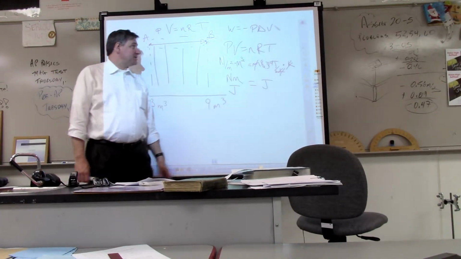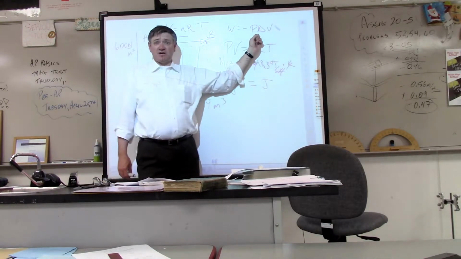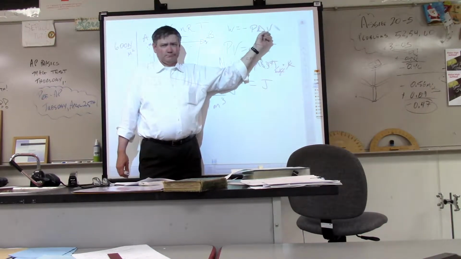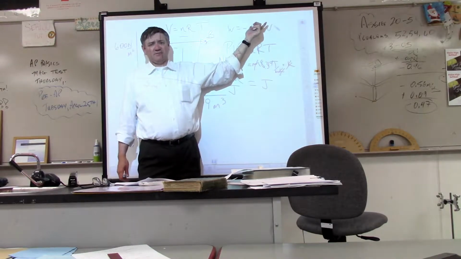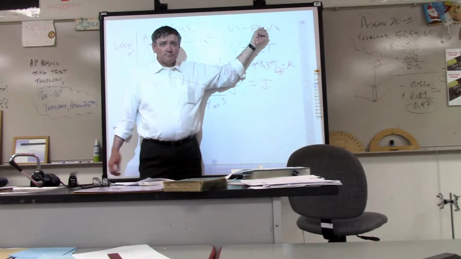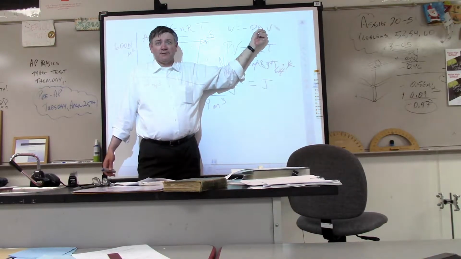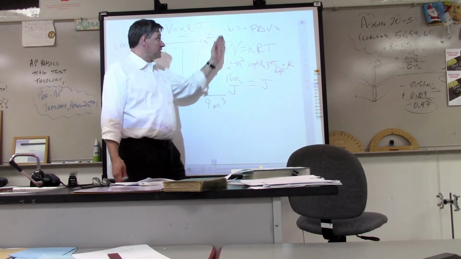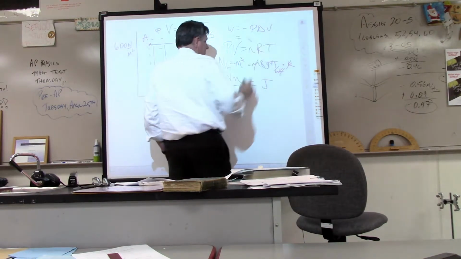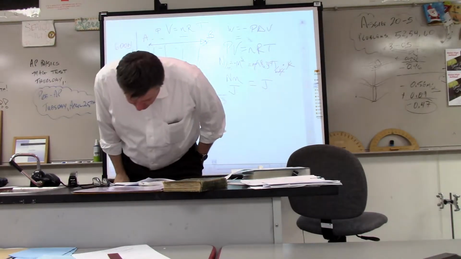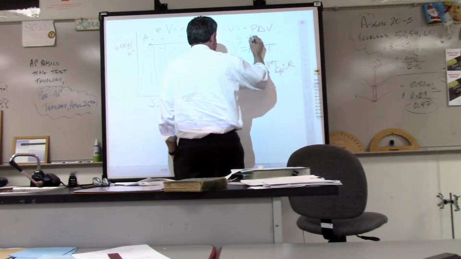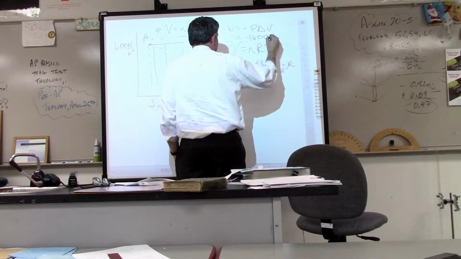Because if my pressure is changing and I have a constant volume, then there's no work done, because remember, you only get work when you have a change in volume. So if you do this, I don't remember what you get, negative 3,600.